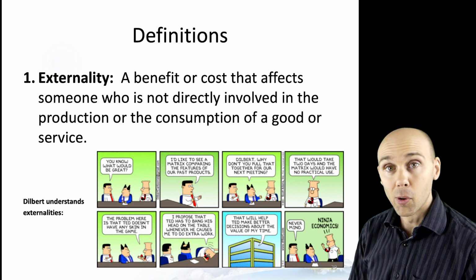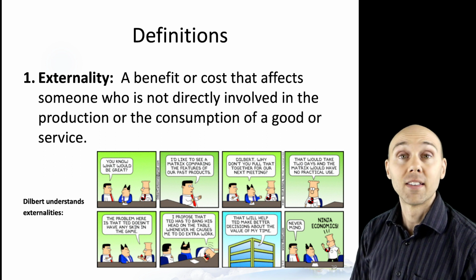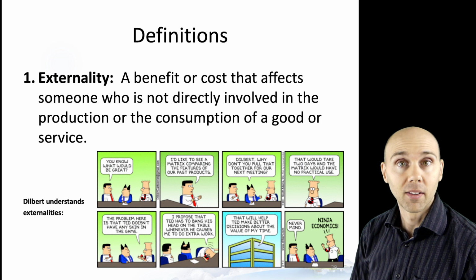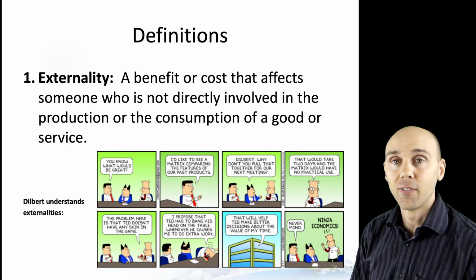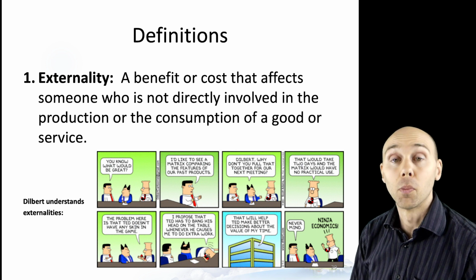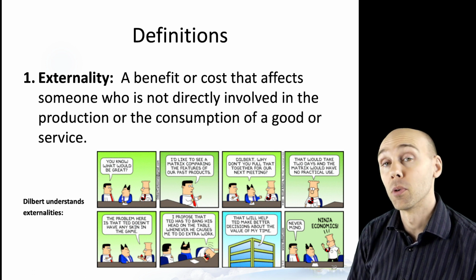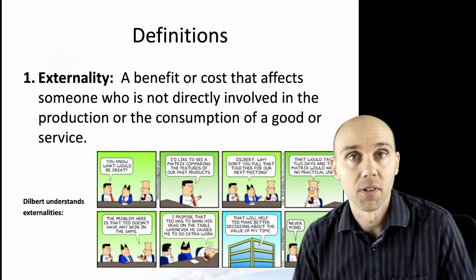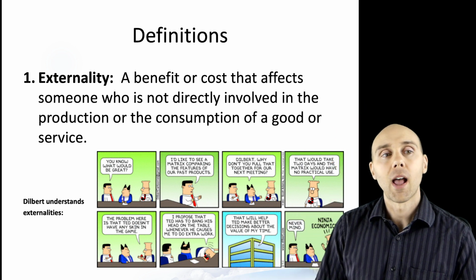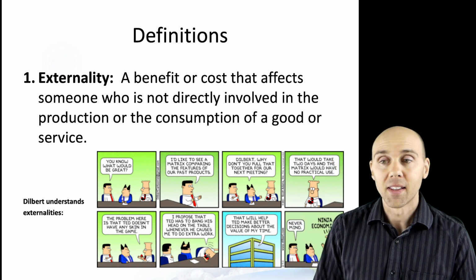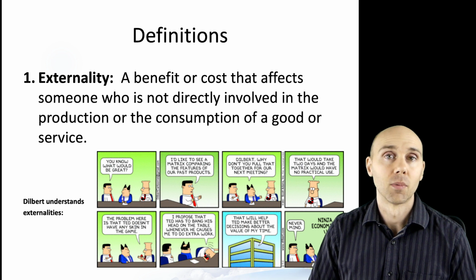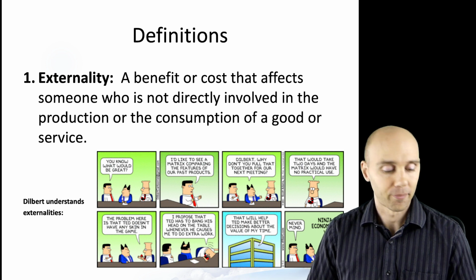So far we've been looking at the Pareto optimality, or the benefits of trade to both the consumer and the producer. We get this total surplus, which is made up of the producer surplus and the consumer surplus. But the question is, what happens if there are other parties that are affected by a transaction between a producer and a consumer?